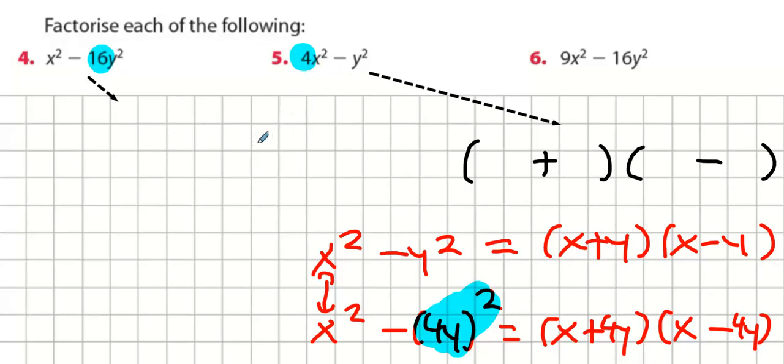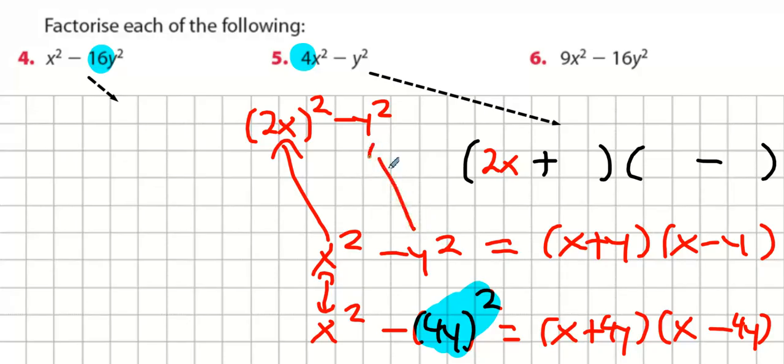Can anybody tell me? I can change it into 2x multiplied by 2x, which is (2x) squared. So instead of x, I have 2x. And instead of y, I have y. Did anybody get 2x plus y and 2x minus y?